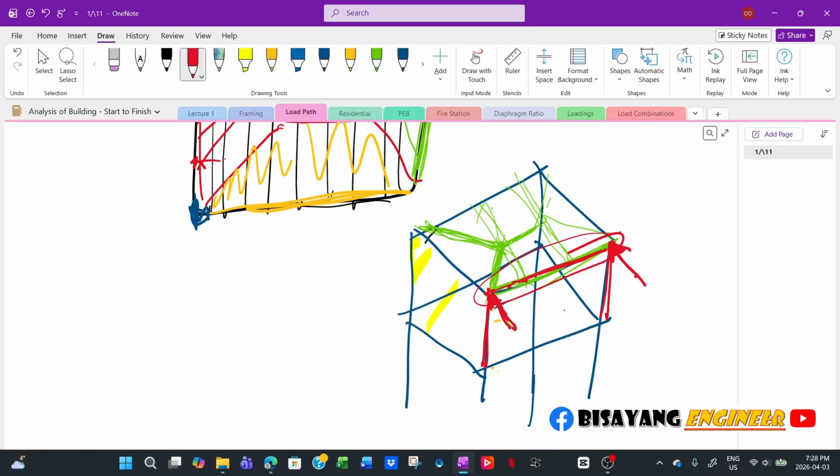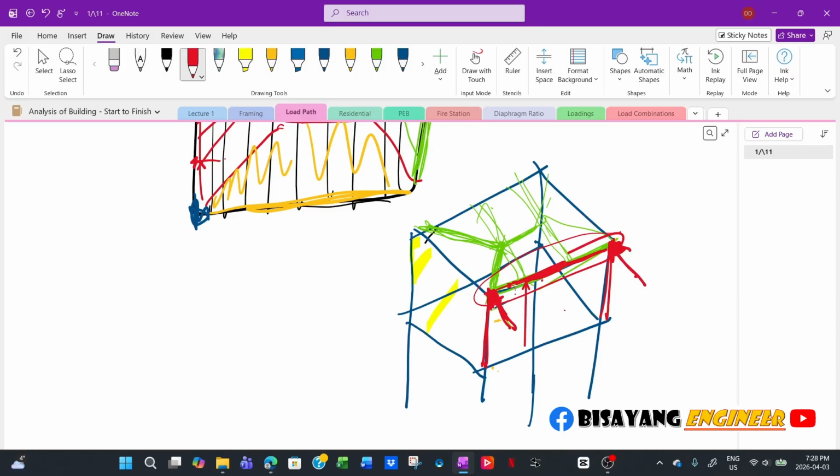For the gravity loads, that's fine. But when you apply the lateral load directly to the joint, you undersize this one because it's supposed to pass through the beam first. Then the beam will have some kind of horizontal loading.